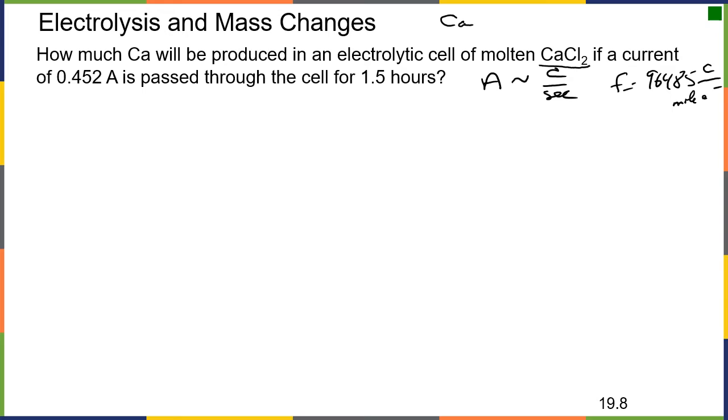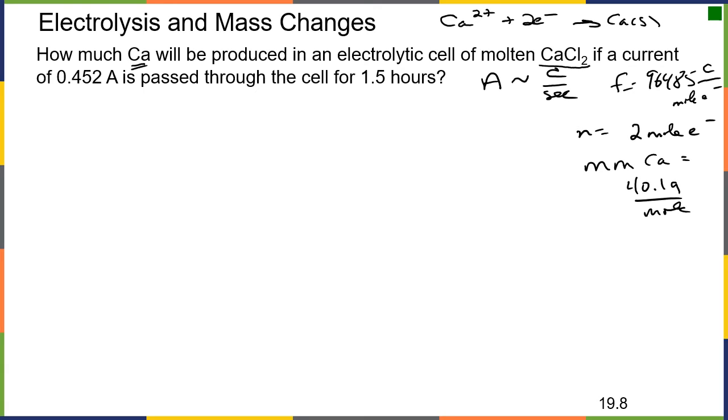We've got a solution of calcium chloride, and we're trying to make calcium as a solid. Chloride here is going to be inert, so we're going to take our calcium and add 2 electrons to make Ca as a solid. So our number of moles of electrons here is going to be 2. And we're going to need the molar mass of calcium, which is 40.1 grams per mole.